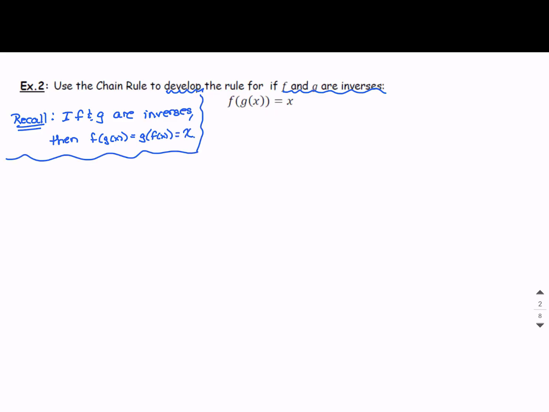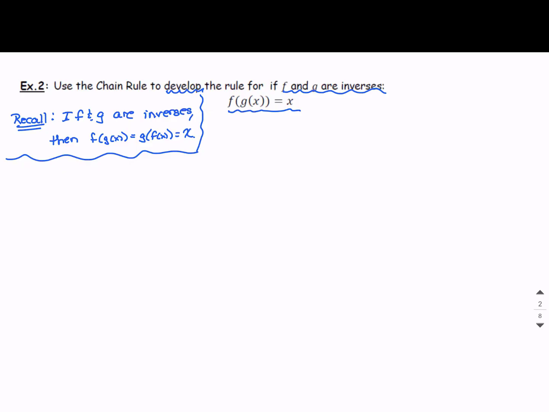The inverse functions undo each other, and you wind up back at the x value you started at. So we can either tell you f and g are inverses, and then you can conclude that f of g of x is x, or I could tell you that f of g of x equals g of f of x equals x, and then you know that f and g are both inverses.